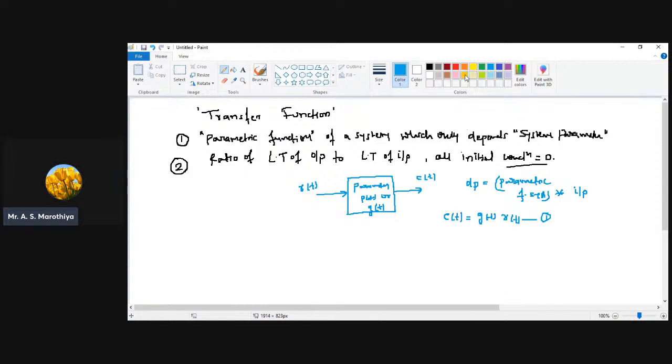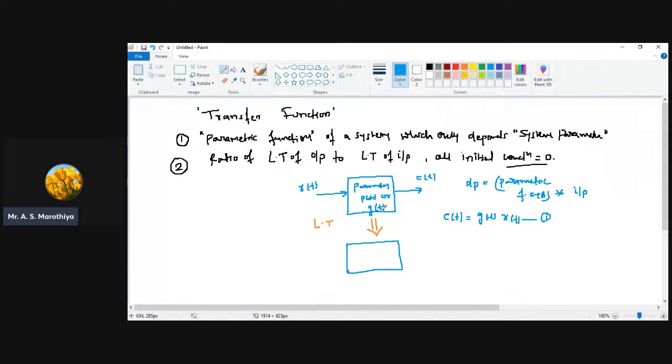Now, again, I can redefine this particular system from time domain to frequency domain. And how to do that? I can convert this system from time domain to frequency domain by applying the concept of Laplace transform. That means if you take Laplace transform, the same system I can define like this. So here we are going to have a system.